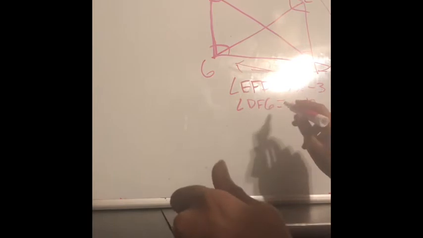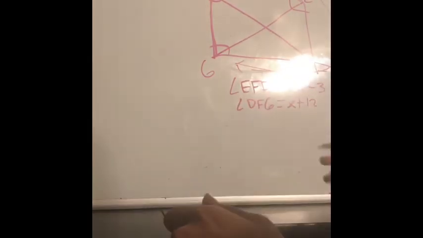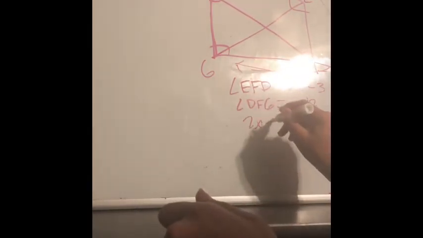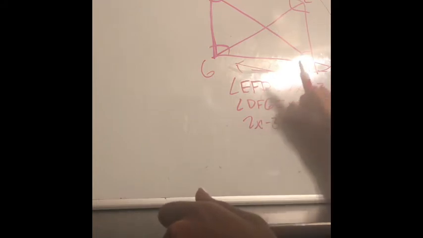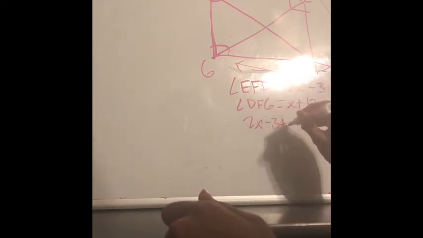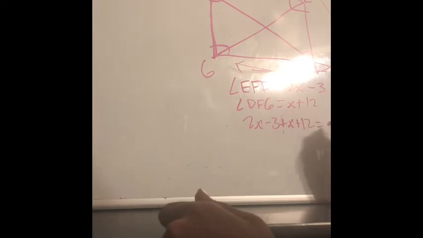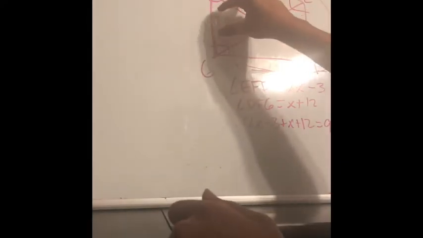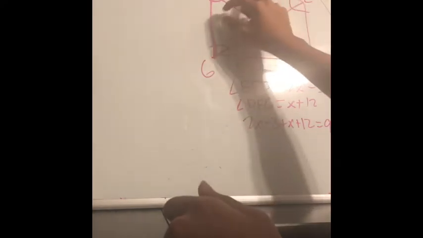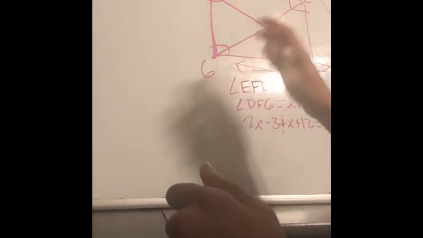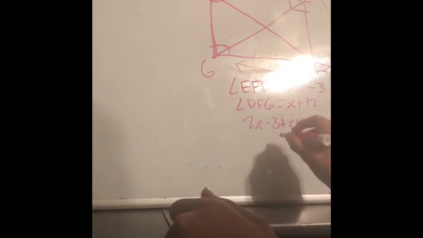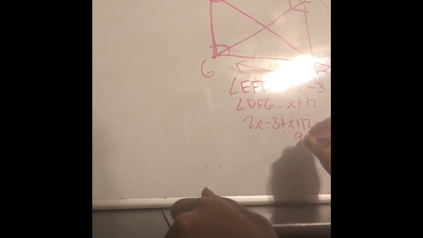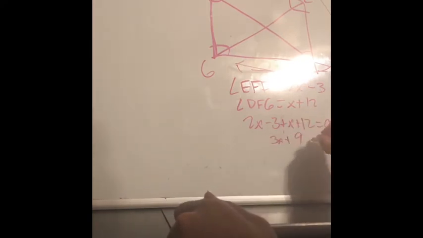Since they're not necessarily equal to one another, we would do 2x minus 3 plus x plus 12 equals 90 degrees. Because we're just trying to find, since these two parts, they equal 180. So we're trying to find both by making it 90. Okay, so we got 9 plus 3x equals 90.